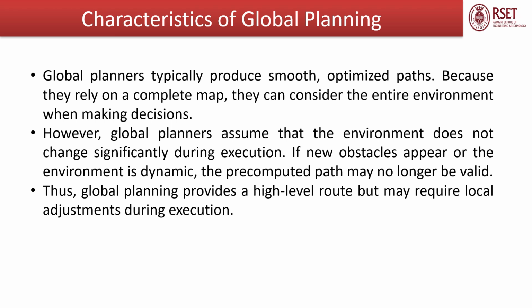If a new obstacle appears that was not in the original map, the planned path may no longer be safe. So global planning provides a high-level route, but it may need updating if the environment changes. Think of it as planning your journey using Google Maps. Before starting, it assumes roads remain open.